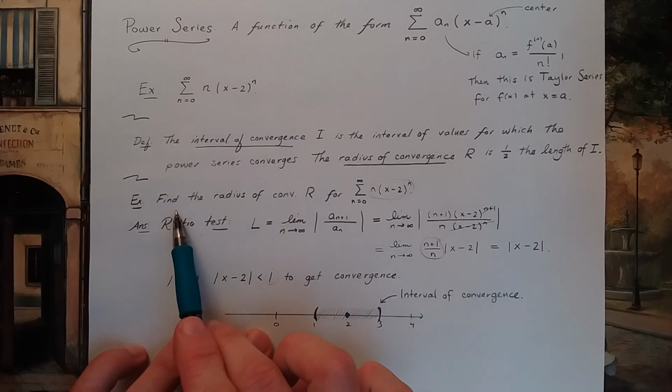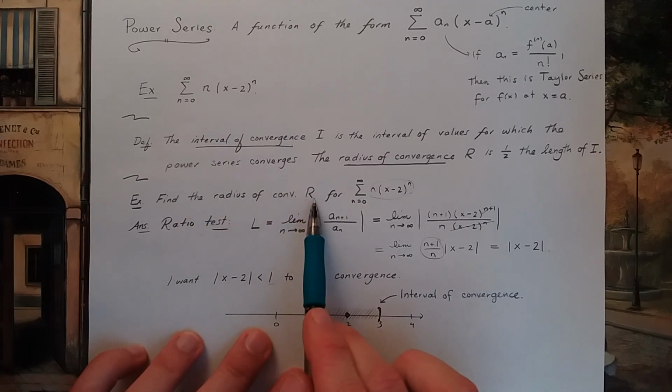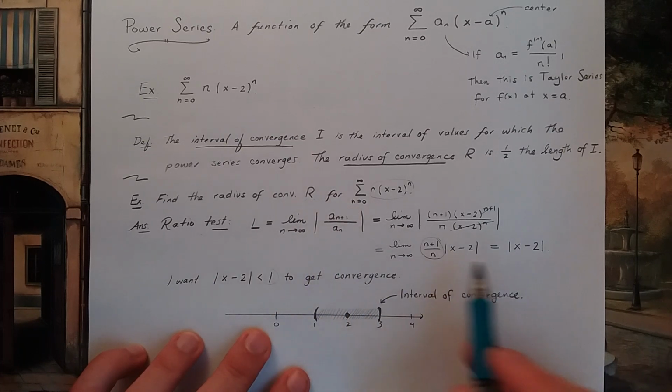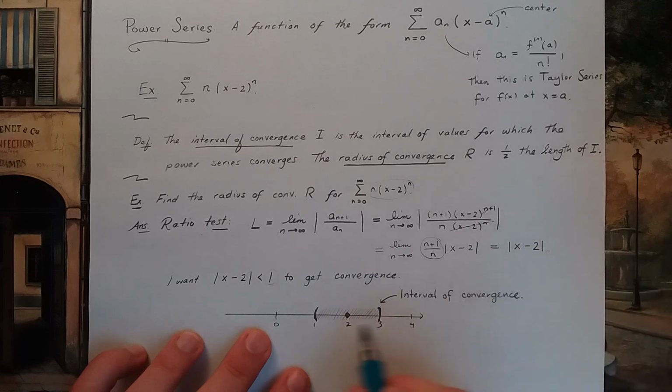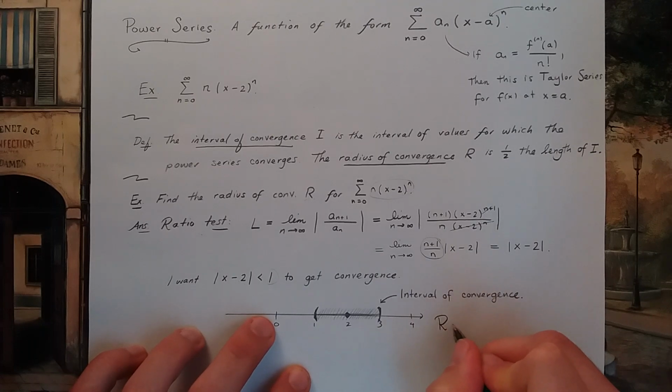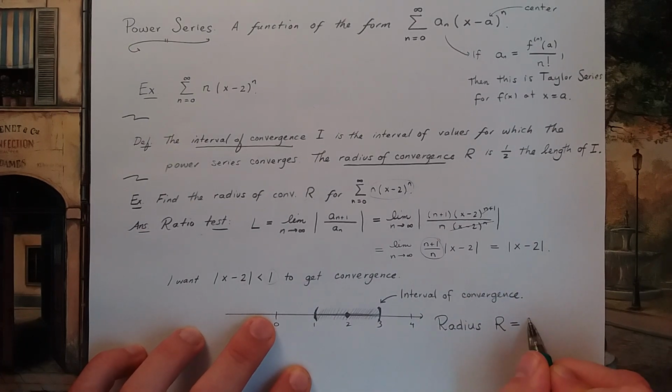So in this example, I really cared about the radius of convergence R. The radius of convergence is half the length of the interval of convergence. So the length of the interval of convergence is 2. So the radius of convergence R is half the length, so 1.